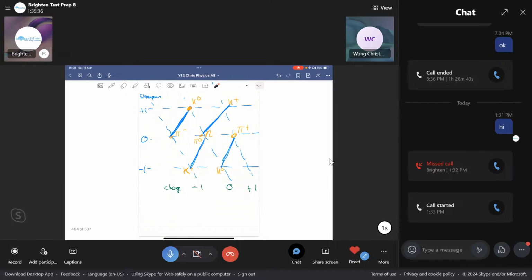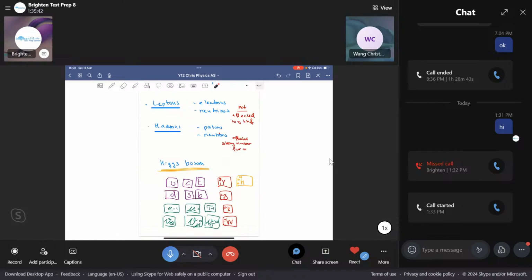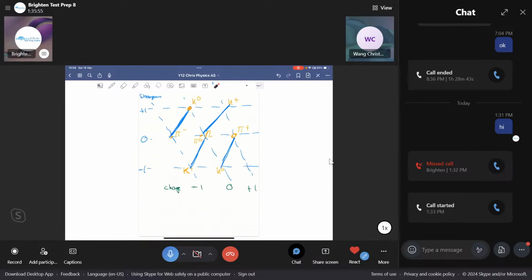So for us, the bottom line is to know that protons or neutrons are in the group of the hadrons, and they are affected by the strong nuclear force. This is part of how the hadrons are organized from the various mesons and baryons.